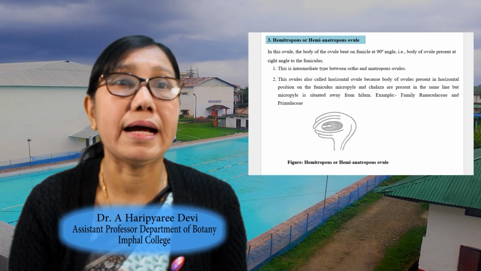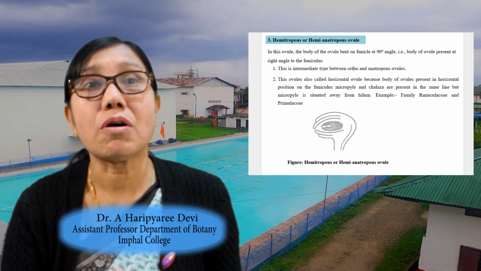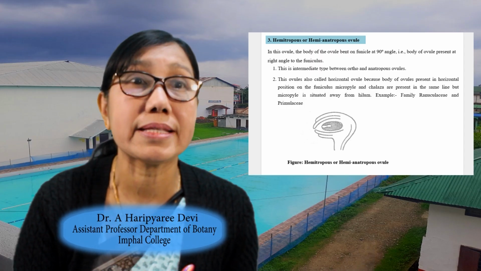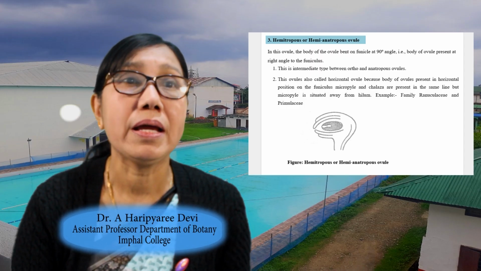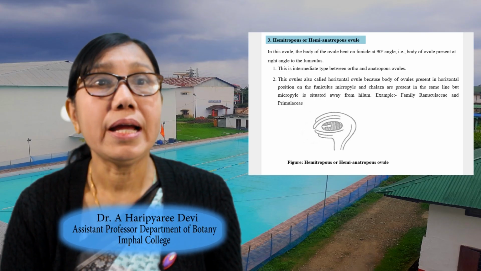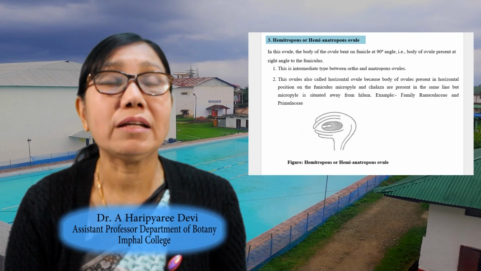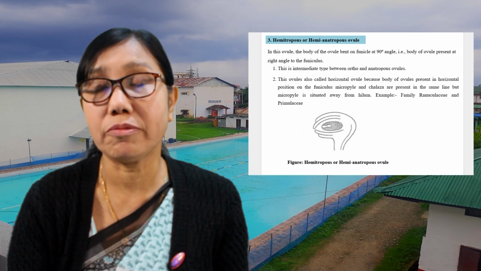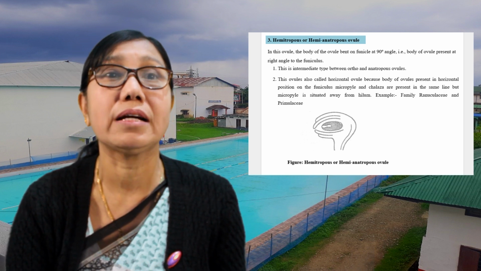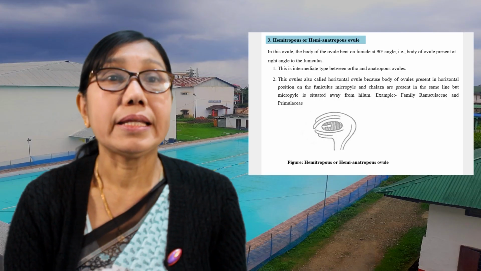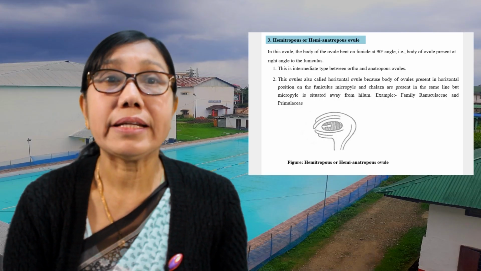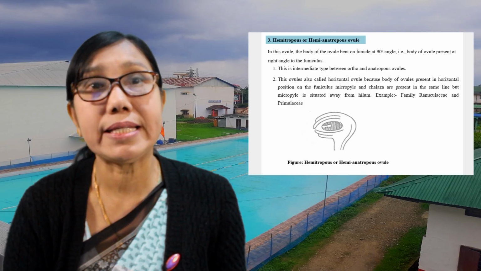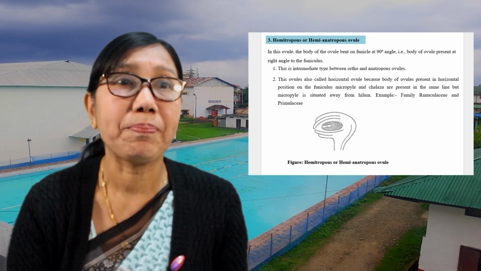The third one is the hemitropous or hemianatropous ovule. Sometimes you may find it in some books as the hemianatropous ovule. It is the same. In this ovule, the body of the ovule bends on the funicle at a 90 degree angle. That is, the body of the ovule is present at a right angle to the funiculus. This is an intermediate type between the orthotropous and the anatropous ovule, which we already discussed previously.